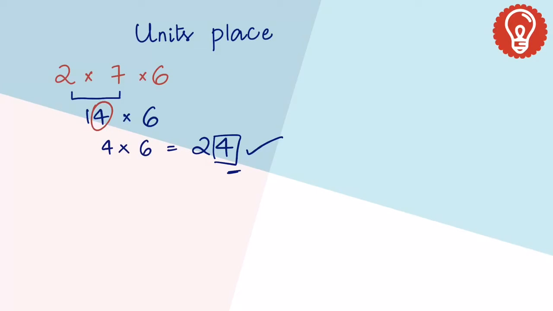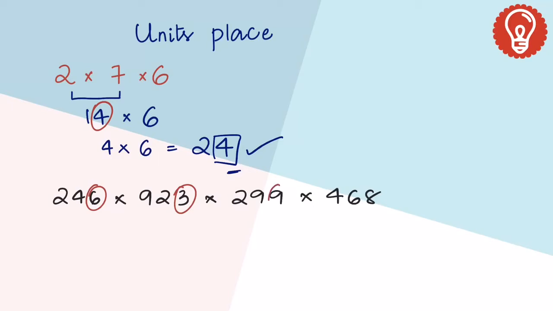Let's take up another example. If the product is 246 into 923 into 299 into 468. Let's focus on the units place of every number, which is 6 into 3 into 9 into 8.